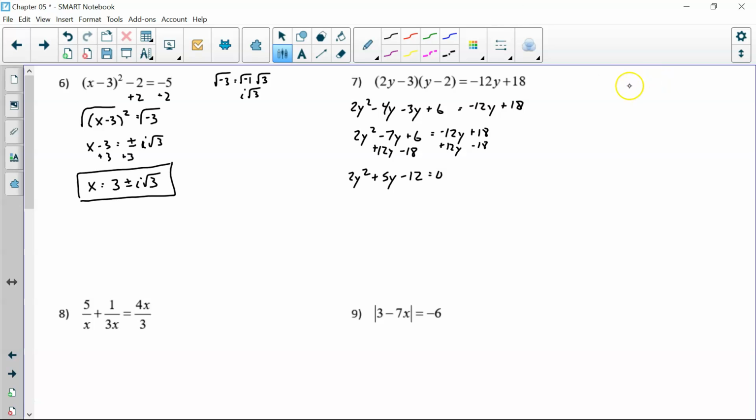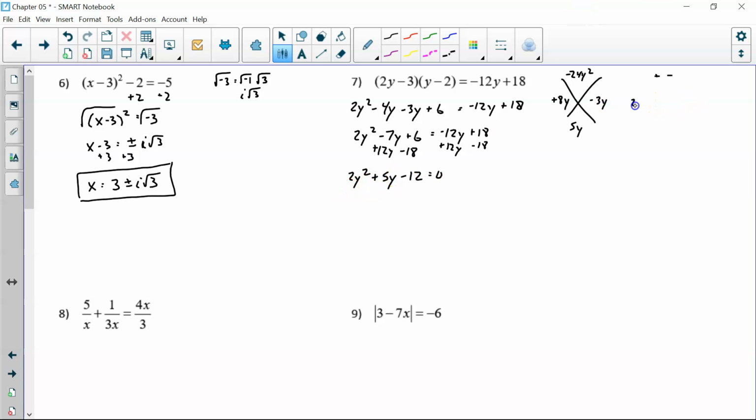So now we need to factor. Multiply the first and last terms: negative 24y squared, and the middle term is positive 5y. The top number is negative, so the signs are opposites. To multiply to negative 24 and add to 5, we have a positive 8y and a negative 3y.